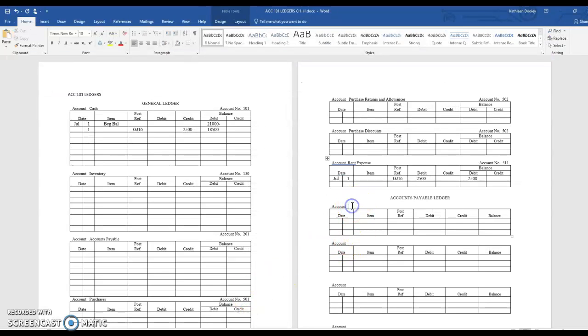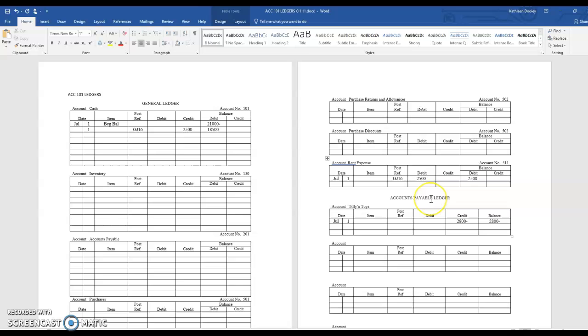So here for this account name, Tilly's Toys, copying the date, which is July the 1st, copying the amount, that was a credit for 2,800, and so my new balance is 2,800.